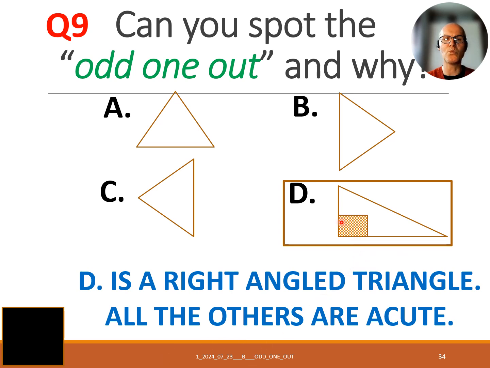A right-angled triangle has 1 angle at 90 degrees and 2 angles at less than 90 degrees. The sum of all 3 angles for all 4 triangles, of course, being 180 degrees.